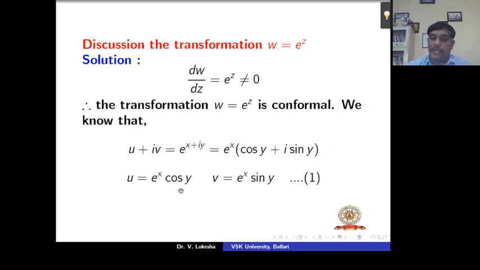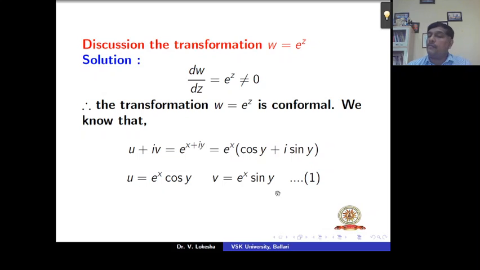In a similar way, if you square both sides and add, you get u square plus v square on one side, and on the other side e power 2x into cos square y plus sin square y. Taking e power 2x as common, cos square y plus sin square y is 1, so e power 2x is equal to u square plus v square.